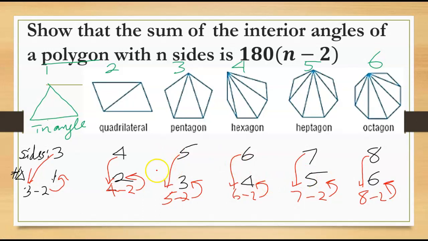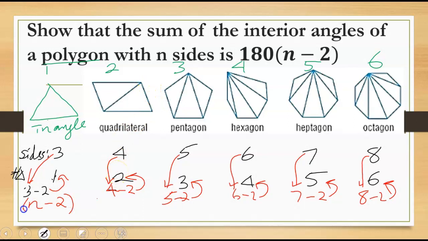So if we know how many sides that polygon has, we take away 2, that will give us how many triangles there are. Therefore, if we know n sides and we subtract 2, that will give us the number of triangles we are going to get there.